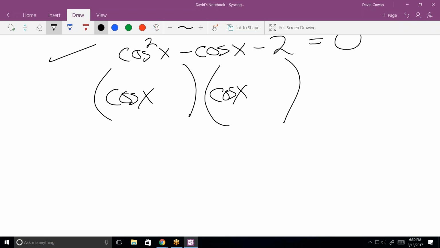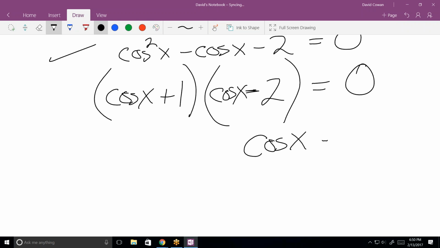I'm going to determine my signs. They have to be opposite. Factors of 2 that subtract to 1, and the bigger factor gets the minus: 2 and 1. Sign in the middle, and there you go. Now I've solved the equation. Either cosine x equals minus 1 or cosine of x equals 2.